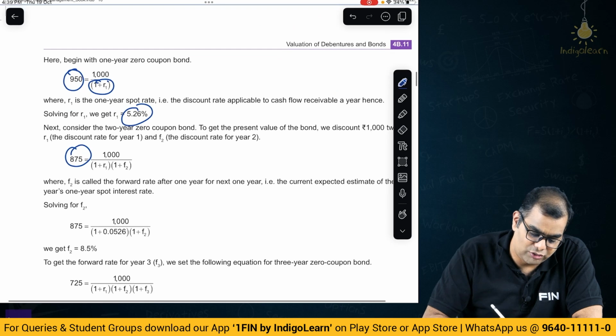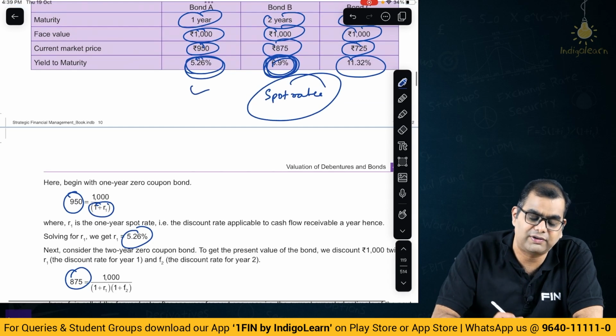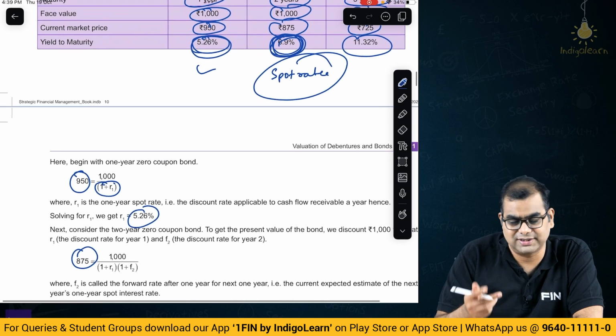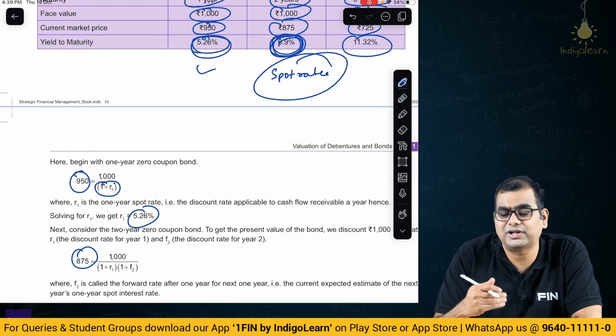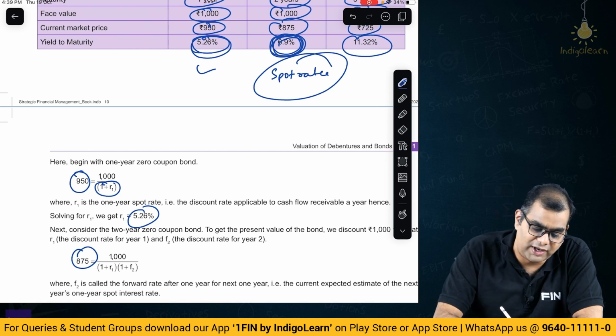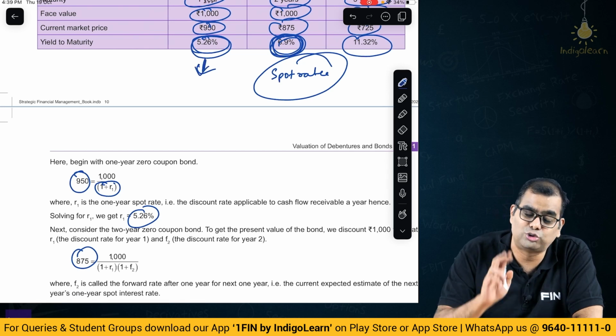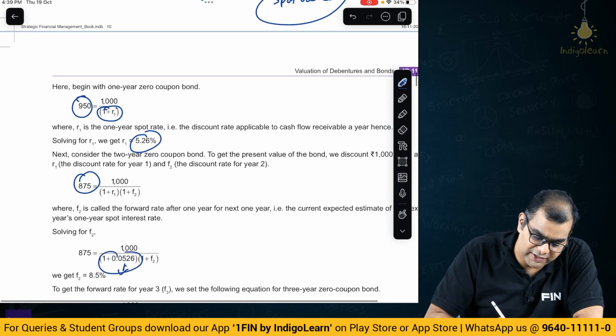But we already know for year 1 it is 5.26. We have just computed that for year 1 it is 5.26 because it's the same kind of company, same credit rating, everything is same, so the rates will not differ. They will differ only if the period is different. So, for 1 year it is 5.26 and for 2 full years it is 6.9. But for the first year it is 5.26.